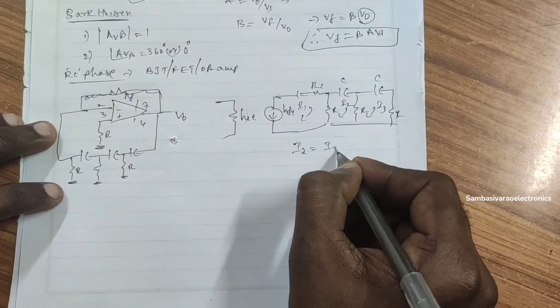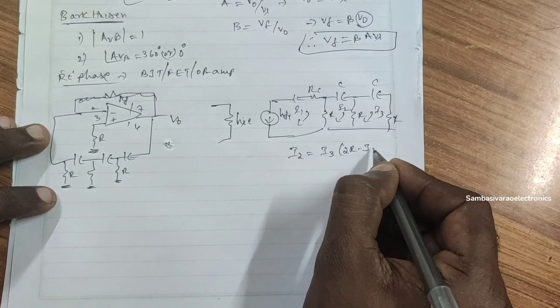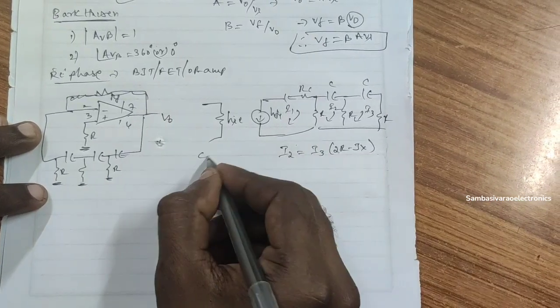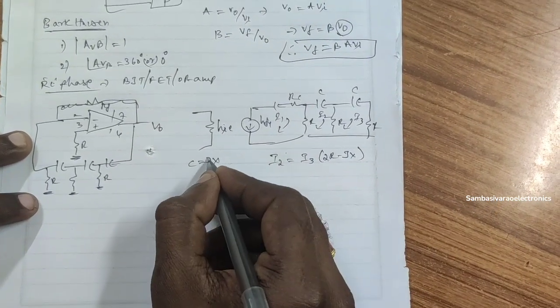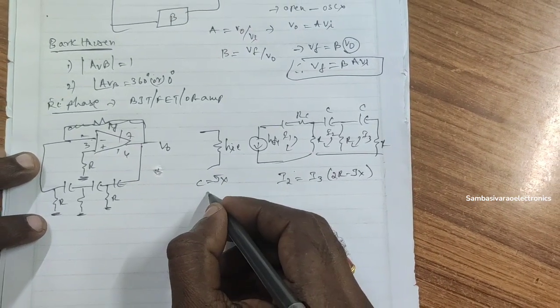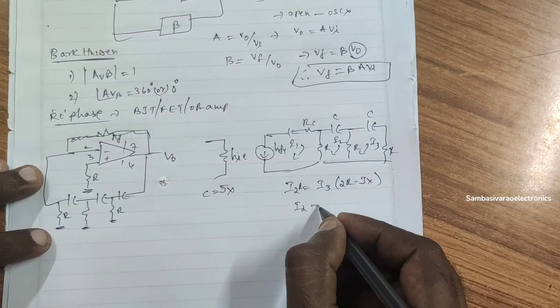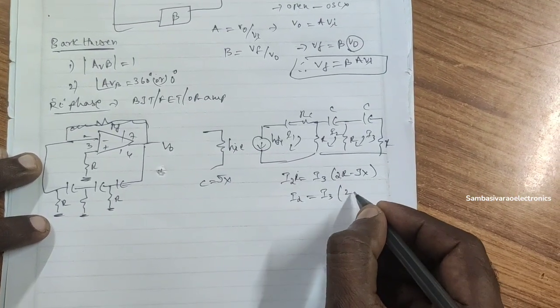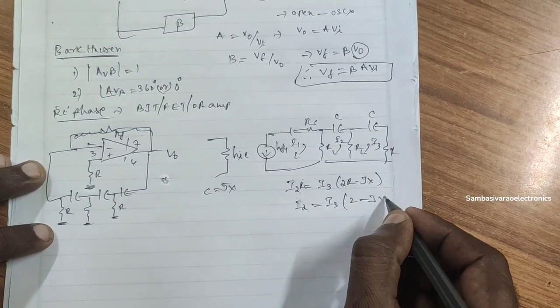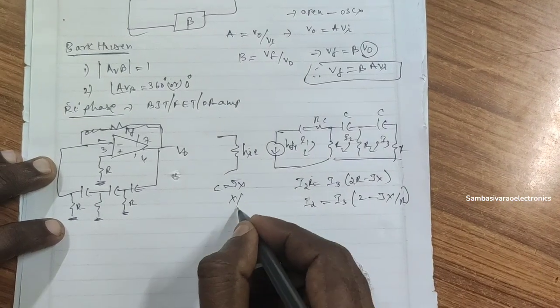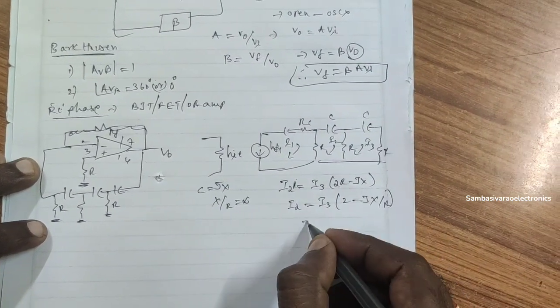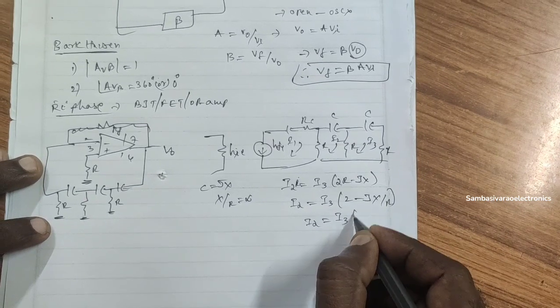Considering the I3 section, I2 is equal to I3 into 2R minus jXC, and I2 is equal to I3 into 2 by R minus jX by R. X by R can be written as alpha.